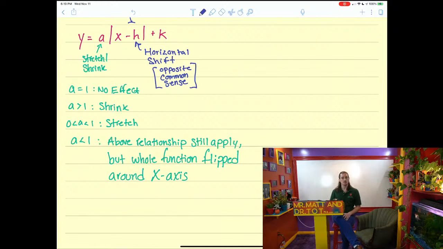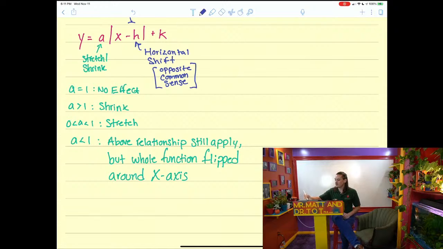So if we're talking about a horizontal shift, +2 would usually mean right 2. -3 would usually imply left 3 if we're talking about on the x-axis, because the negative numbers are to the left of 0, positive numbers are to the right of 0, so that's what common sense would imply. However, that negative sign is going to flip all of that around. So if your h value is -3, you normally think that's left 3, but it actually means right 3. If it says +1, that normally you would impute that means right 1, but it's opposite common sense. That's actually going to be left 1.